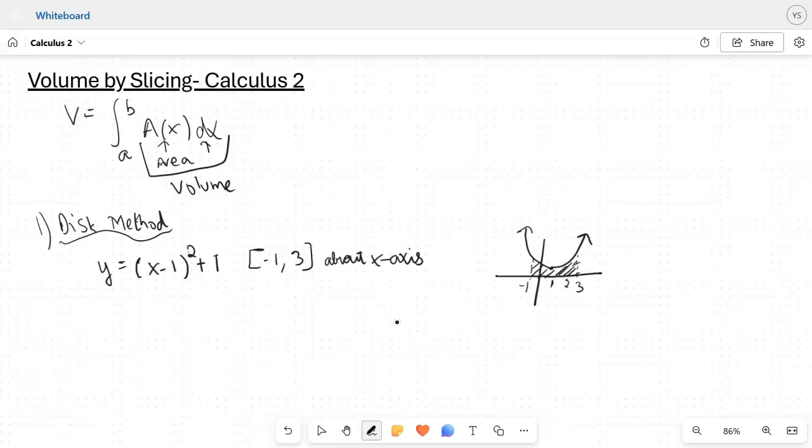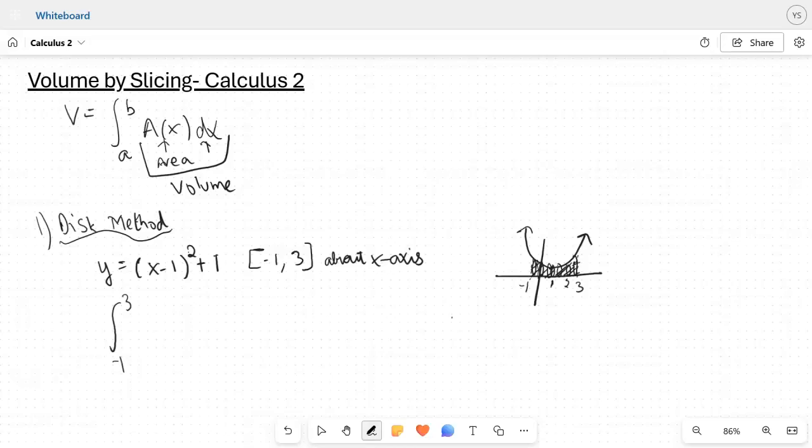Next step. So they've given us the endpoints. What we can do is form small circles, you know? This is what is gonna be our disks. Small circles. And there are gonna be a lot of them from point A, which is -1, to 3. Remember, we have to find the area. So if we take slices of small circles, what is the area of a circle?